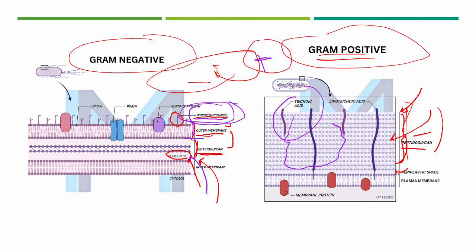Now let's turn a bit more to the clinical part of all of it. So what is the difference in sensitivity, for example, to antibiotics? So gram-positive bacteria are more sensitive to antibiotics like penicillin. Why? Because penicillin targets peptidoglycan synthesis. So it is more easily targeted because their thick peptidoglycan layer is more exposed, right?